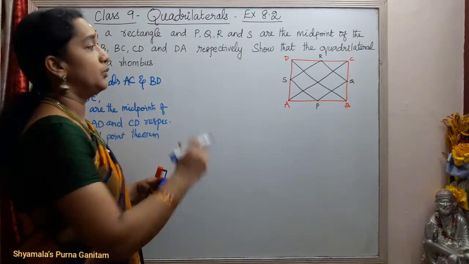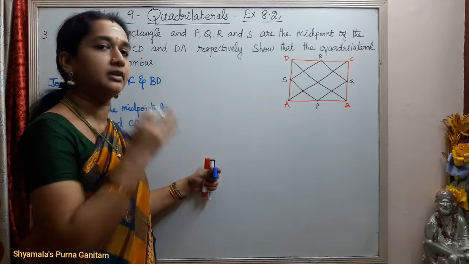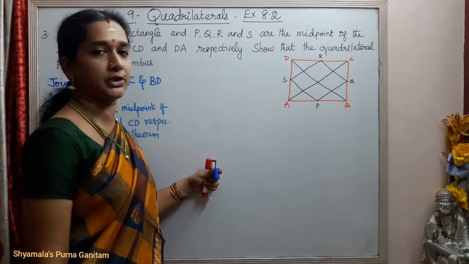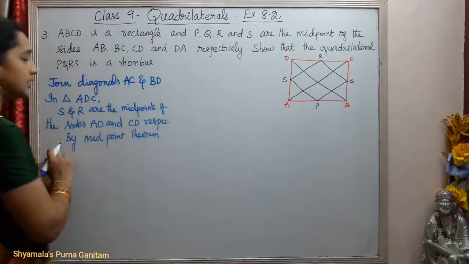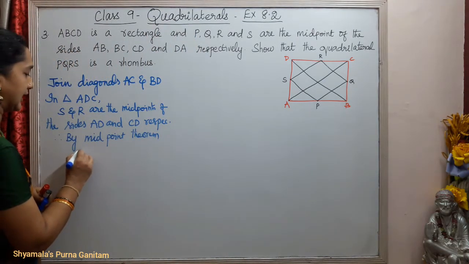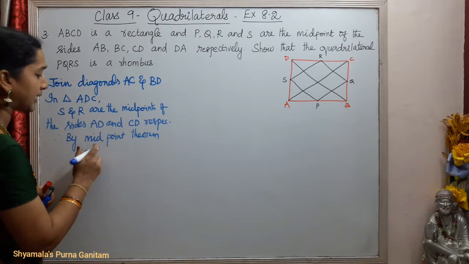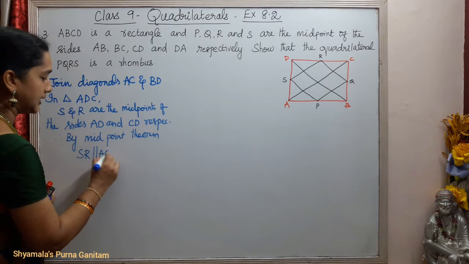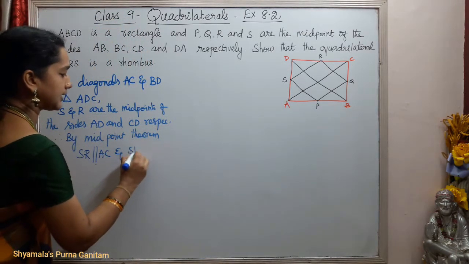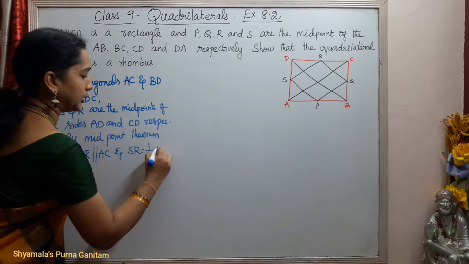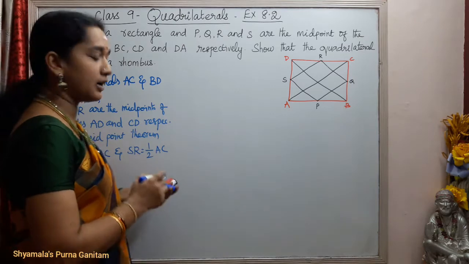The line segment joining the midpoints of any two sides of a triangle is parallel to the third side. So by the midpoint theorem, SR is parallel to AC and SR is equal to 1 by 2 AC.